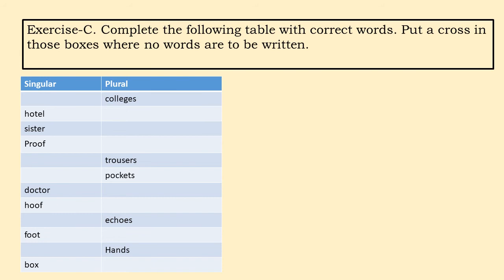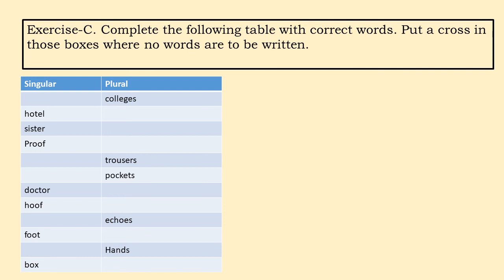In some rows we are given the singular and in the other rows we are given the plural. So what you have to do, you have to fill in the blank where the singular is blank or where the plural is blank. Accordingly you will fill in the answers, right?